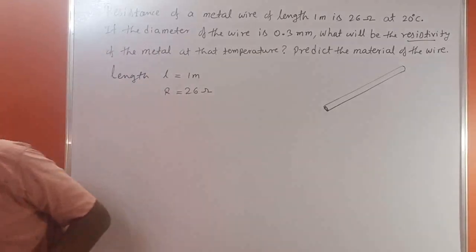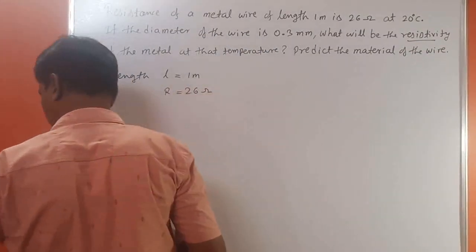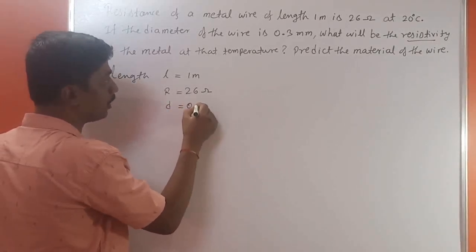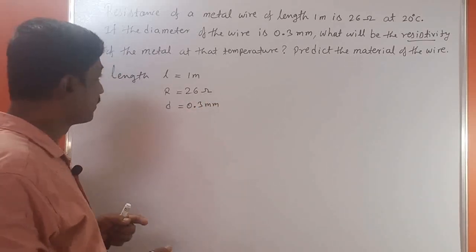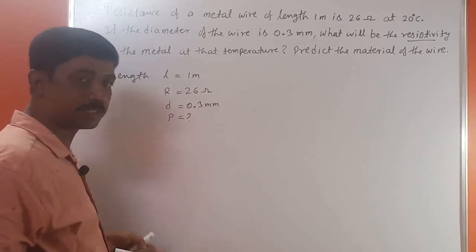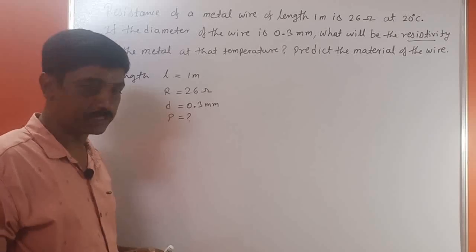So you need to calculate now the resistivity. If you look, they have given you the diameter 0.3 millimeters, and you need to calculate the resistivity. Now what is the formula to calculate the resistivity?